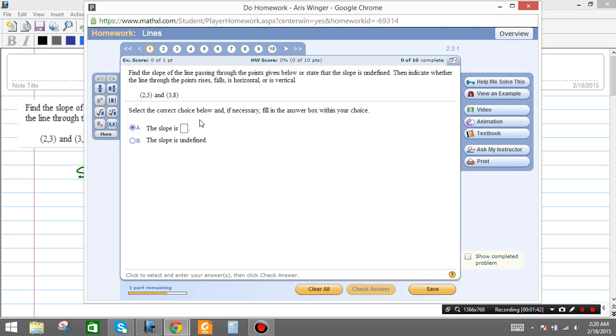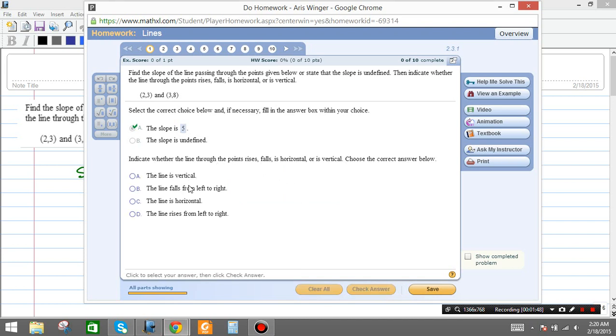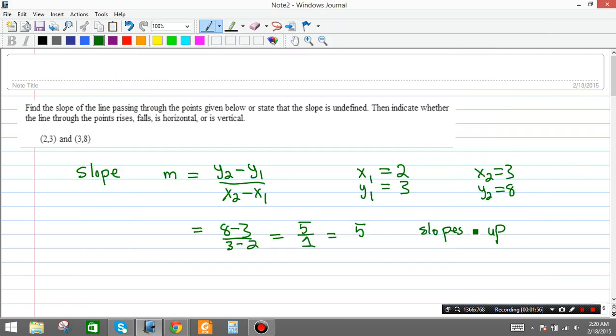The slope is 5, and the line rises from left to right. It goes up from left to right because 5 is positive, since 5 is bigger than 0.